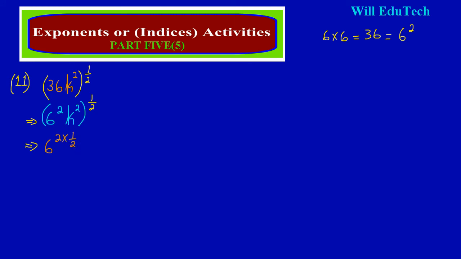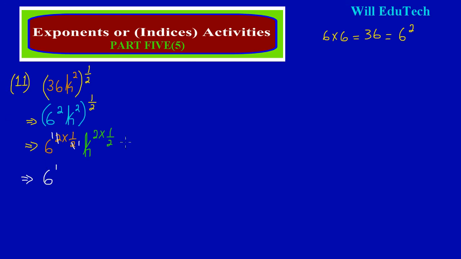And I'm going to do the same thing for k. I have k raised to the 2nd power, and I'm going to multiply that by using the power to power rule, 2 multiplied by a half also. Well, my friends, we know that this can be cancelled out quickly. 2 into itself goes once, and 2 into itself goes once there. So what we have left here is 6 raised to the 1 times 1, which is the 1st power.